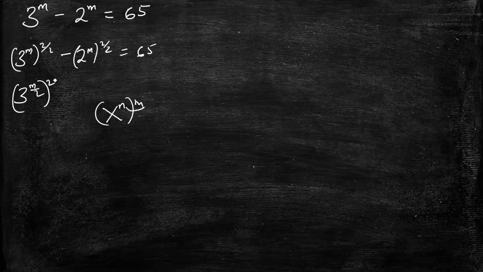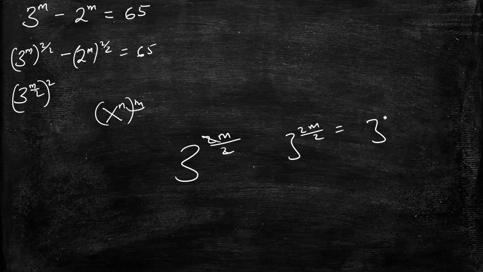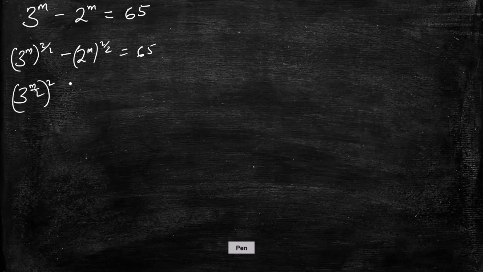Now going back, the power will be 2m over 2, so this one will cancel that. So 3 raised to 2m over 2 is the same as 3 raised to m on 2 all to the power 2.